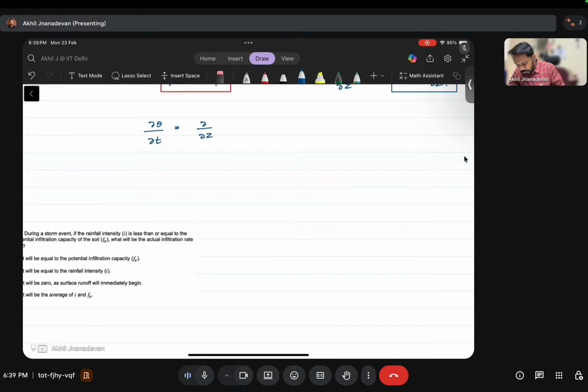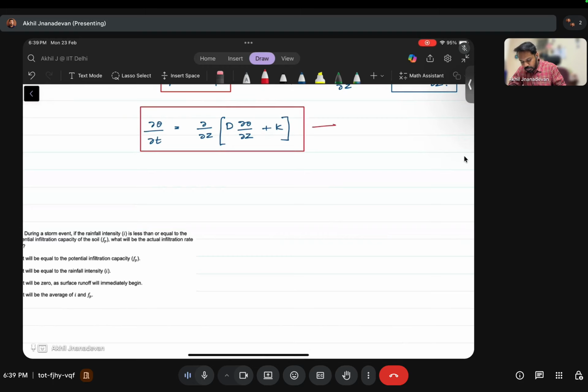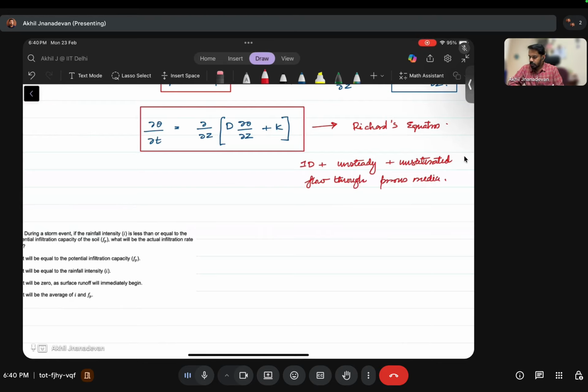Dou theta by dou t is dou by dou z of D into dou theta by dou z plus K. So this particular equation is called the Richards equation, and it represents 1D unsteady unsaturated flow through porous medium. Right. So I hope it is clear.